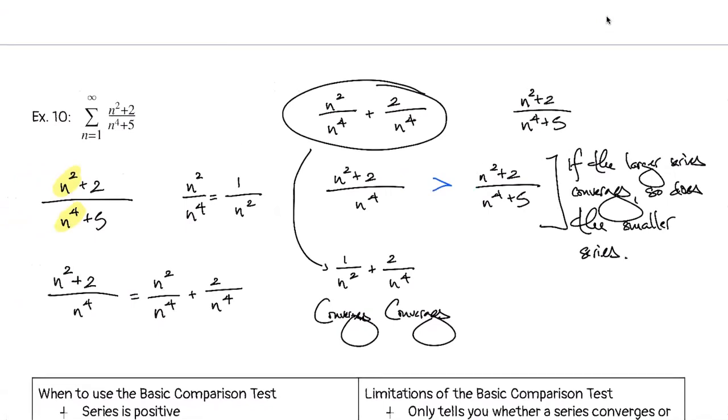So when we look at this, I think this is sort of the part of the basic comparison test that's maybe not so basic, that it's a little bit complicated, because we're used to, you know, maybe some of the other ones were a little bit more straightforward, but in this case, we only dropped the 5.